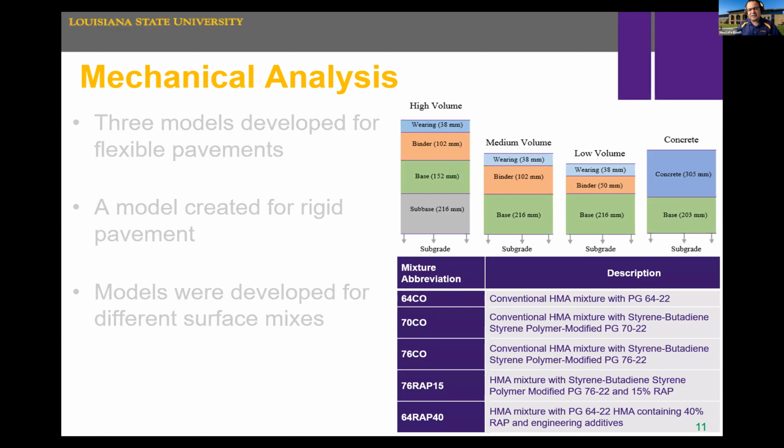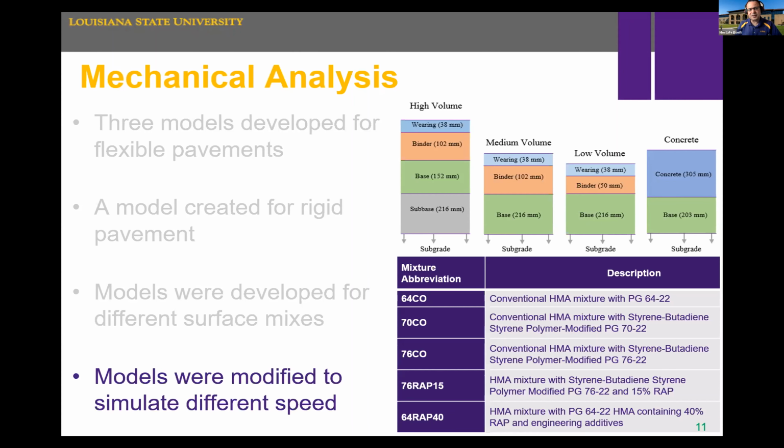So we had 5 different asphalt mixes, as you can see here, and we incorporated these mixes in the surface layer that is shown here to consider their effect on fuel consumption. We also considered different vehicle speeds, as I'm going to show you in the next few slides.